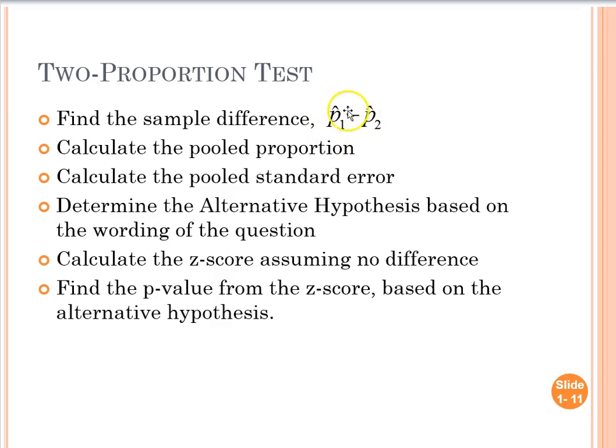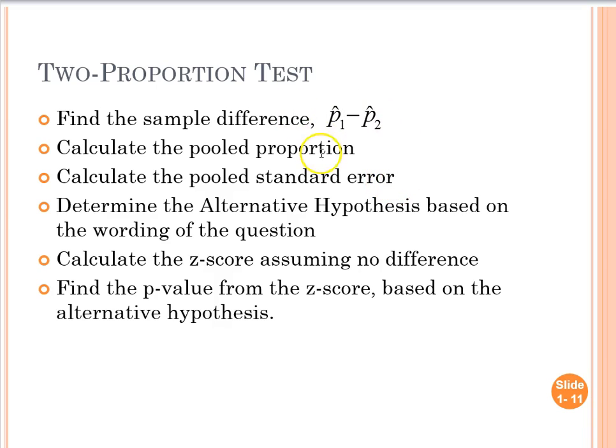So make sure you make note of which proportion you're putting first, and if the question asks you to put a particular group first. Calculate the pooled proportion, so you're going to put together these two proportions, and I showed you that in the previous video, so that we can calculate that pooled standard error.